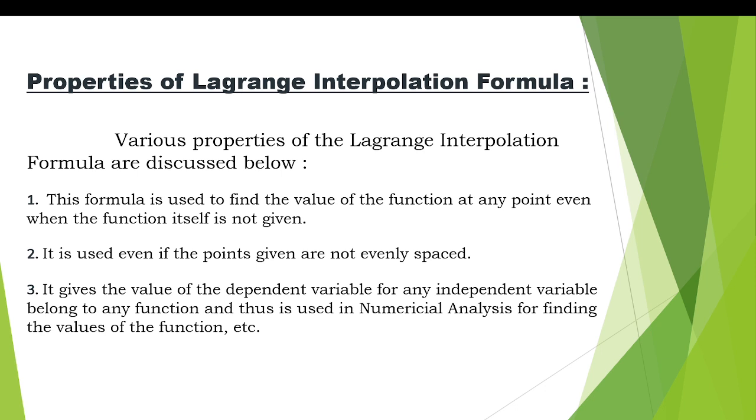And number two is, it is used even if the points given are not evenly spaced. And number 3, it gives the value of the dependent variable for any independent variable belonging to any function, and thus is used in numerical analysis for finding the value of the function.